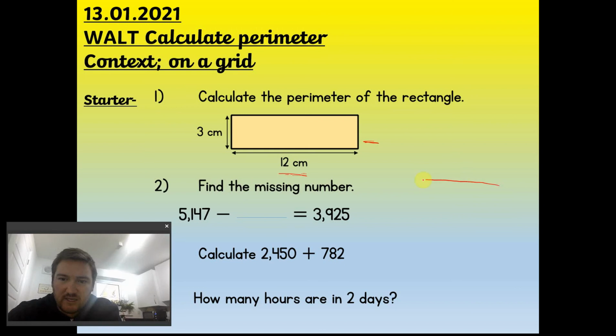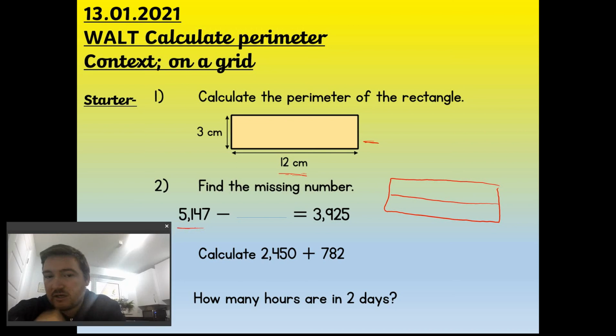So find the missing number. We can show this in a box model. So at the moment, we've got our total, the large number, 5,147. We've got a part of it, 3,925.